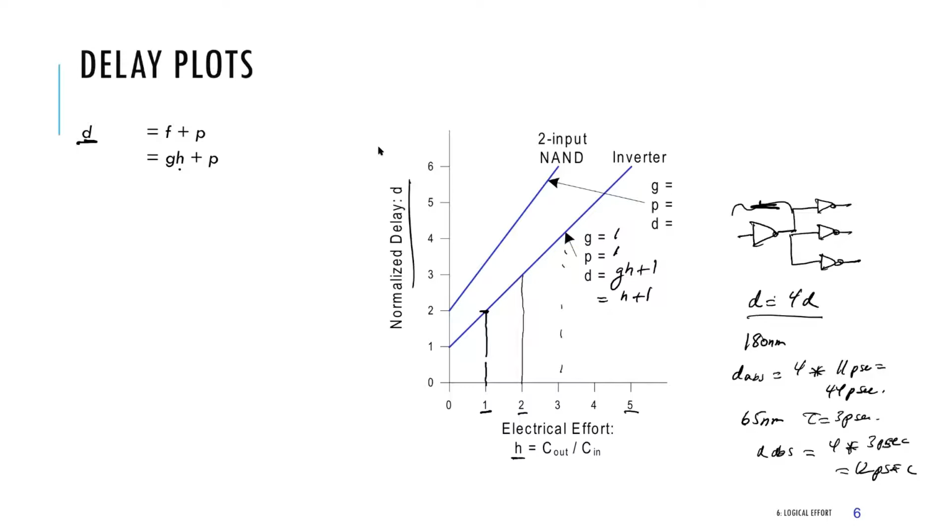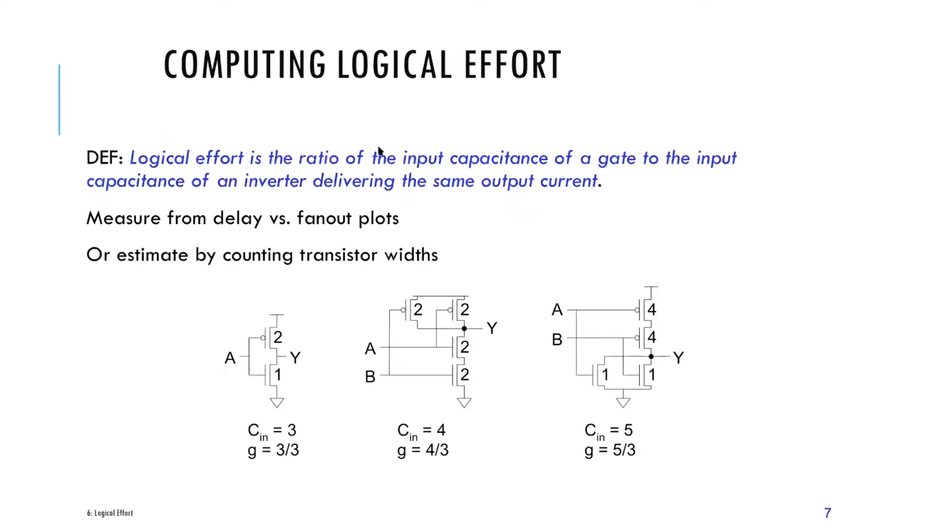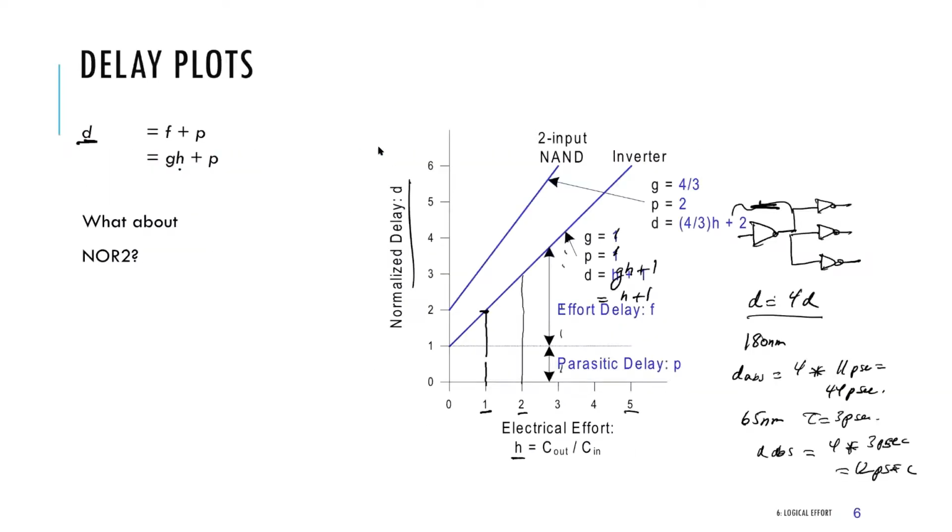Here are the equations for a NAND gate. Let's not talk about the NOR gate, just the NAND gate right now. So the NAND gate looks like this.